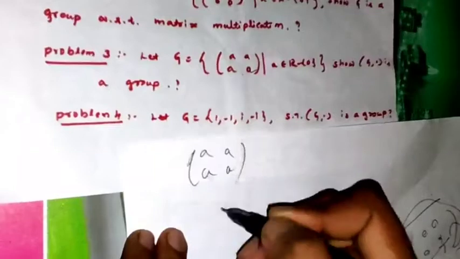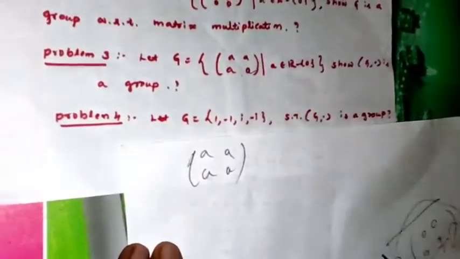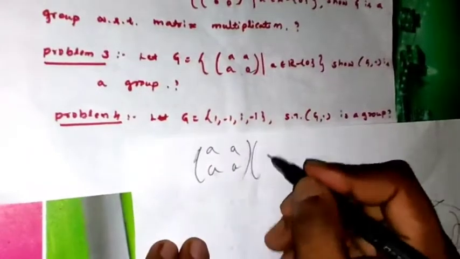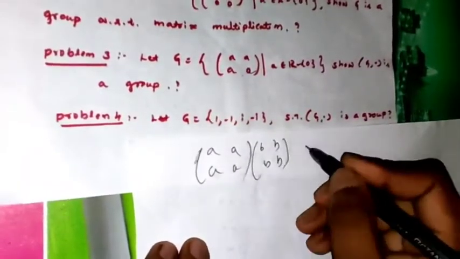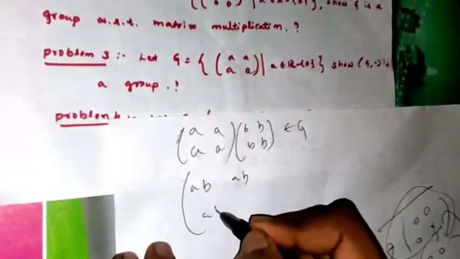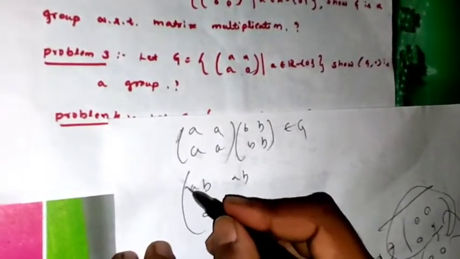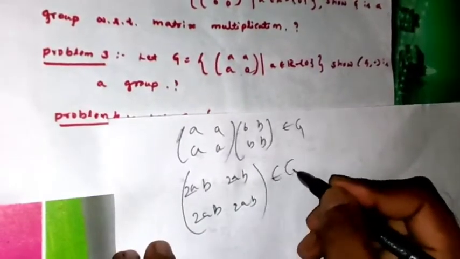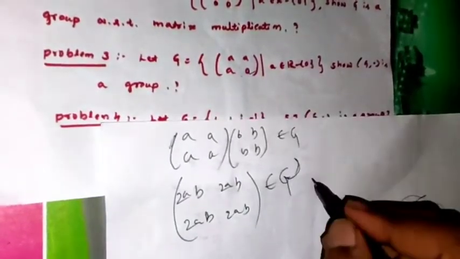A. Does this satisfy the closure property or not? We check it. We take A, B belonging to group G, and we get 2AB. This again belongs to G. That means this satisfies the closure property, and it also satisfies the associative property.